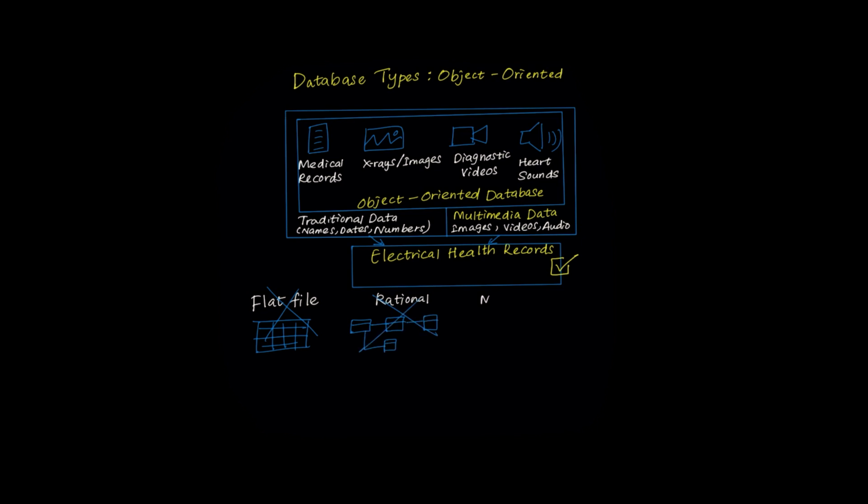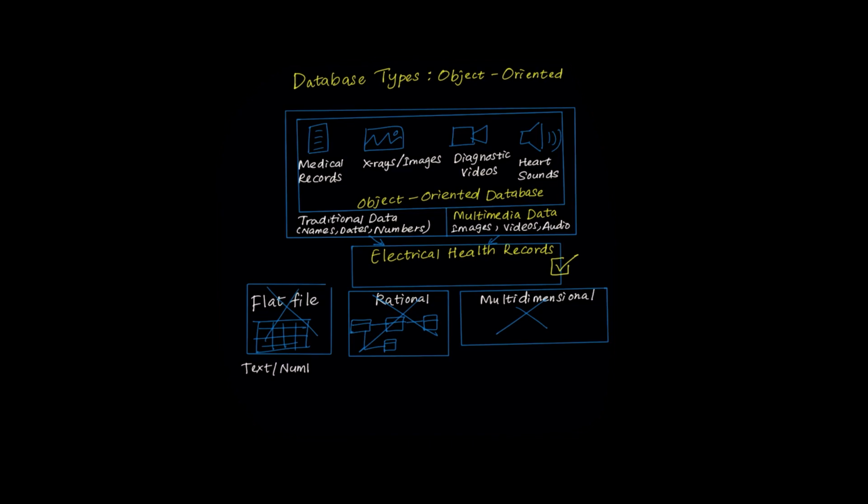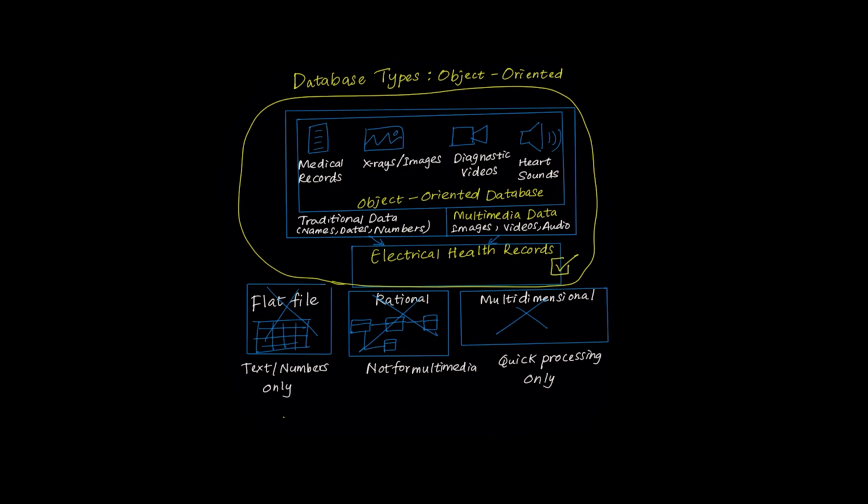Relational databases handle structured data through connected tables but aren't optimized for multimedia. Multidimensional databases focus on quick processing of large datasets for reporting from multiple perspectives, not on storing diverse multimedia formats. As healthcare becomes more visual and technology-rich, object-oriented databases become increasingly essential.